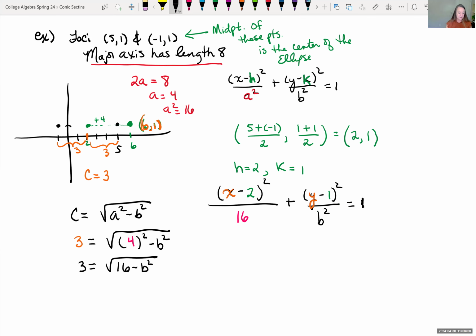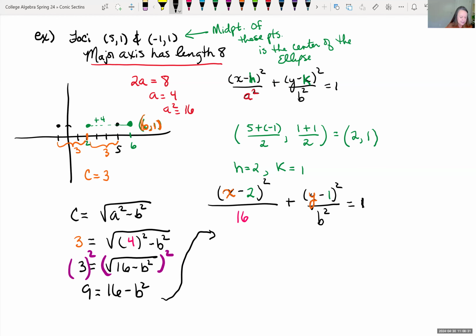Kind of going back to the beginning of the semester, solving these different types of equations. I know how to solve an equation with a radical. I would isolate it, it's already done. We can raise both sides by the index of the radical, in this case square both sides, to get rid of the radical. So I get 9 is equal to 16 minus b squared. Let's get b squared by itself.